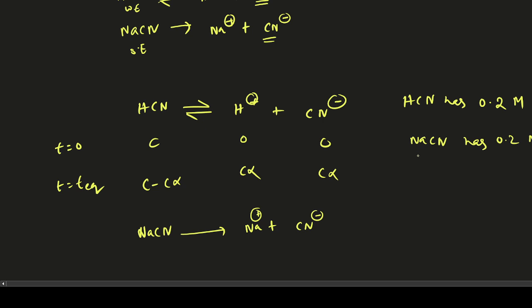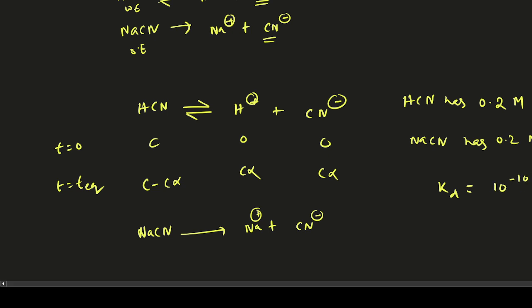Now let's say the Ka, that is the dissociation constant, or you can say the equilibrium constant, whatever. For the dissociation constant we write Kd. Any Kd is given for weak acids, let's say 10 raised to minus 10. Why?